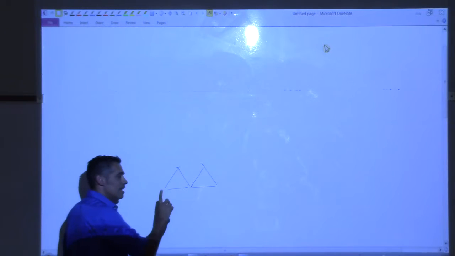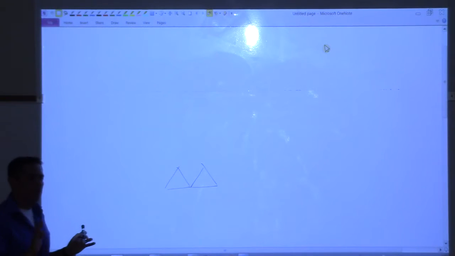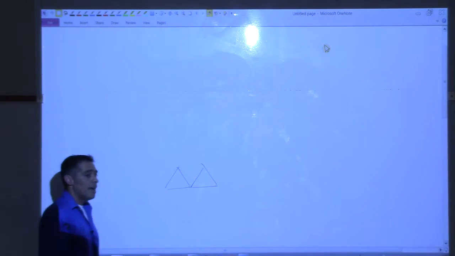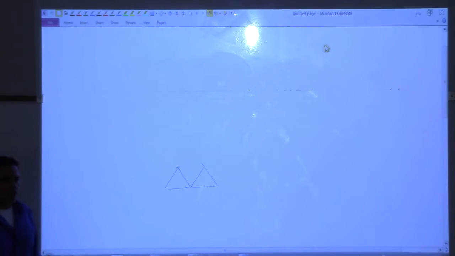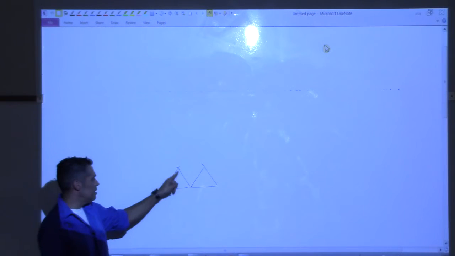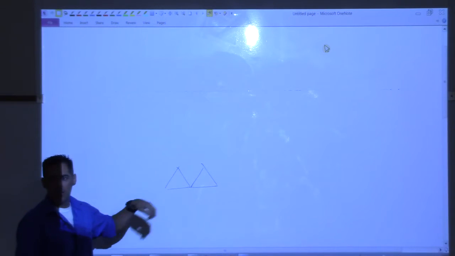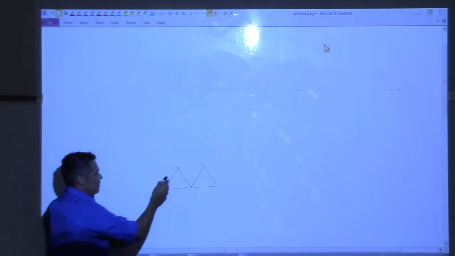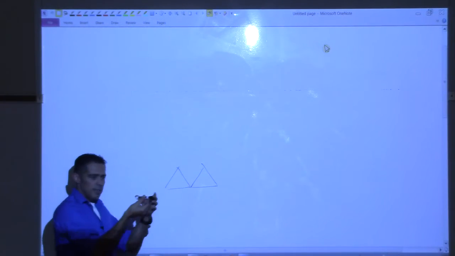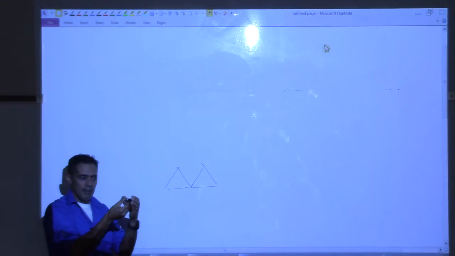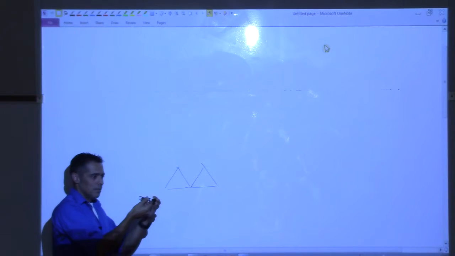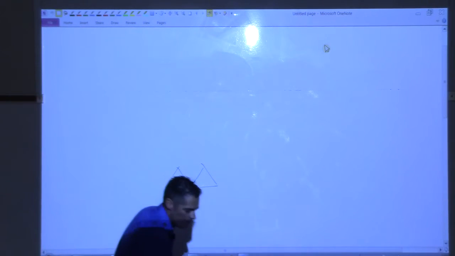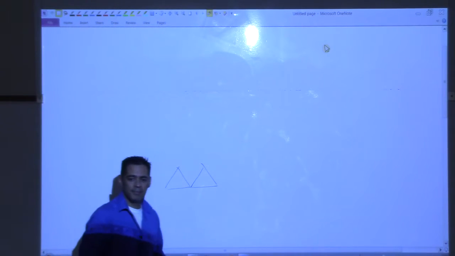No, what you have to do is move those sticks however you want. You need to create from that 4 equilateral triangles. Right now you see 2 equilateral triangles. You need to create 4 of them, and the length of each side has to be this length. You can move them around and mess with them however you want.